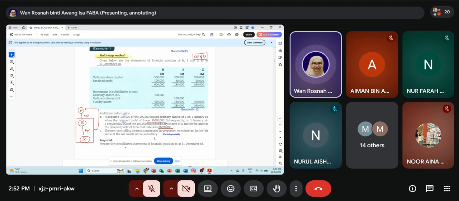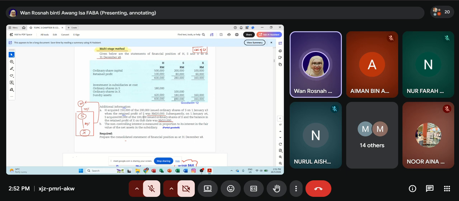So as I mentioned here, you need to identify the pre-acquisition profit first before you proceed with the consolidated financial position. And NCI mentioned in B, the non-controlling interest is measured in proportion to its interest in the fair value of the net assets of the subsidiary, which is considered as partial goodwill. So NCI needs to be calculated using partial goodwill.